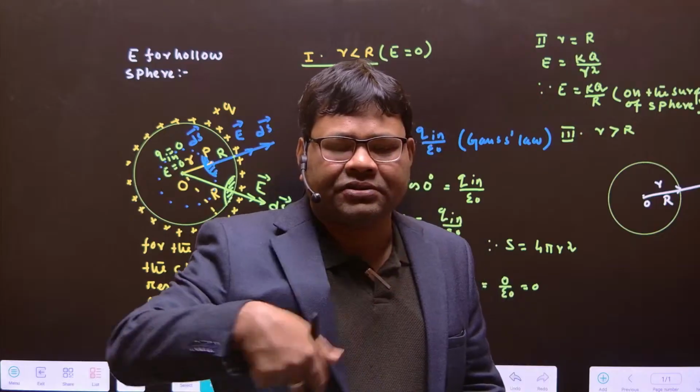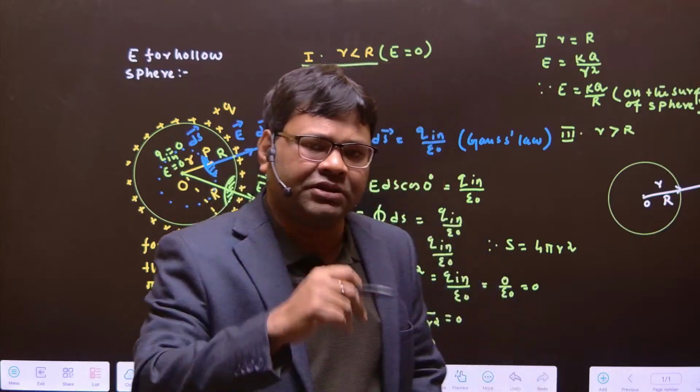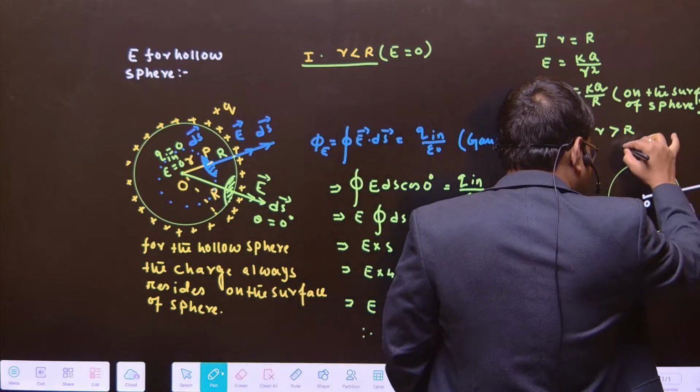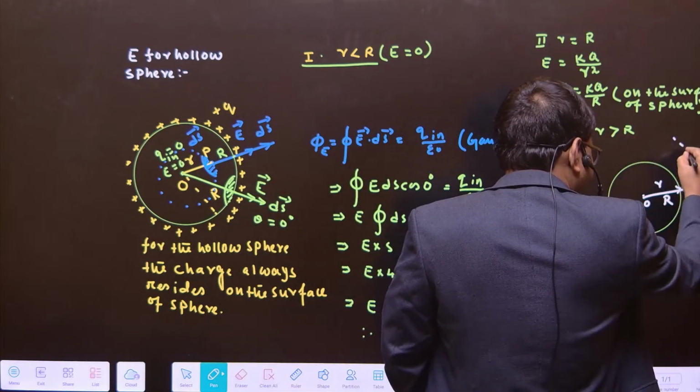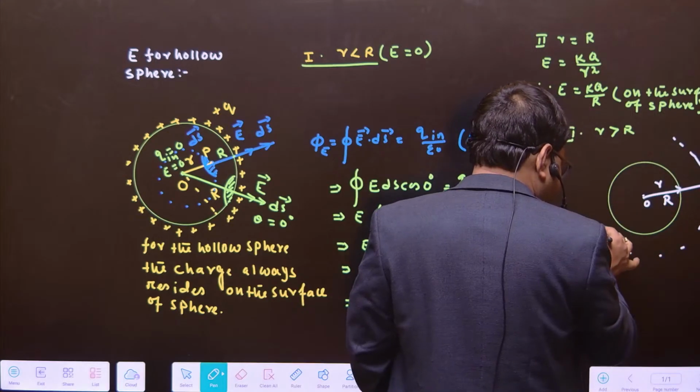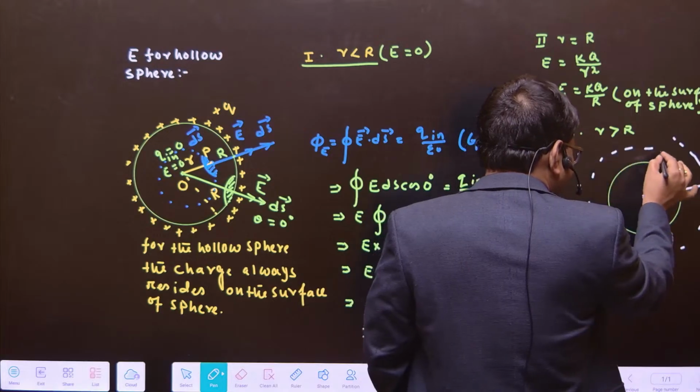Again, I am telling you, taking the point at which we have to find the electric field intensity, draw the hypothetical Gaussian surface. So taking this distance, I am drawing one Gaussian surface. Assume this is the Gaussian surface.